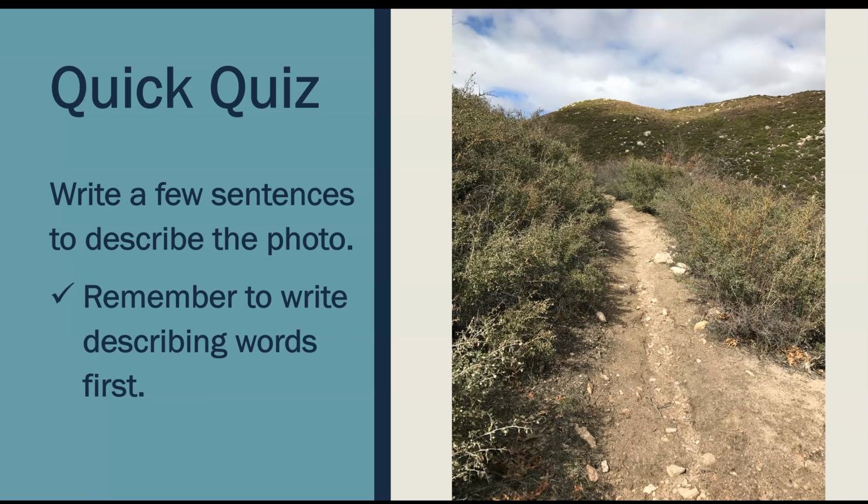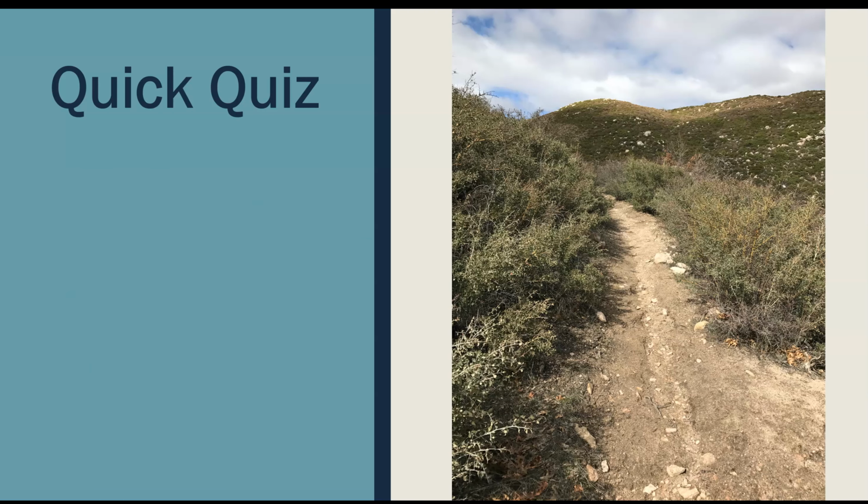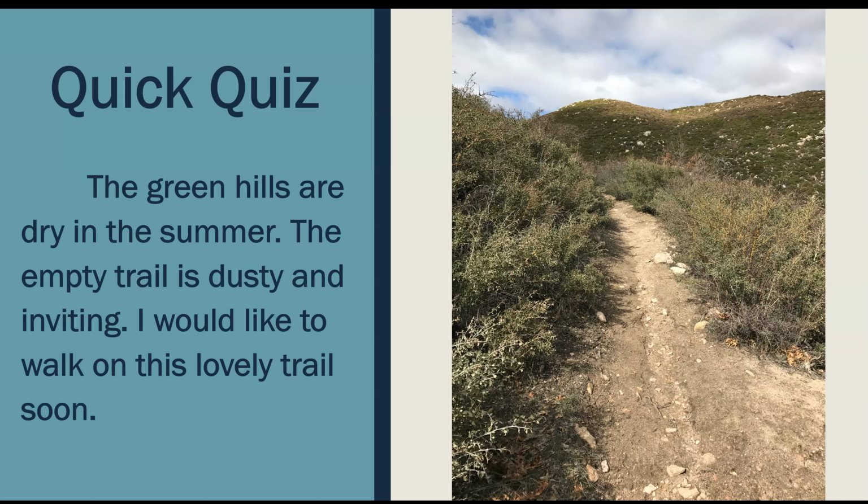Okay, so I'm going to give you my example right now. Okay, so my example, the green hills are dry in the summer. The empty trail is dusty and inviting. I would like to walk on this lovely trail soon.